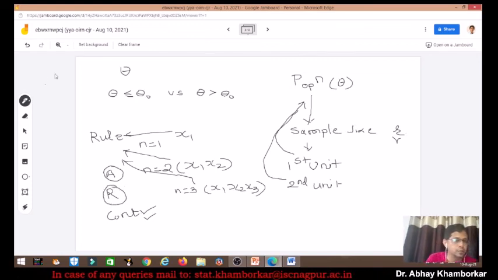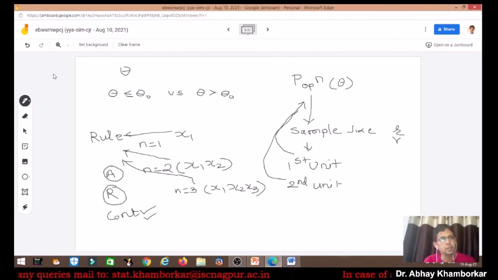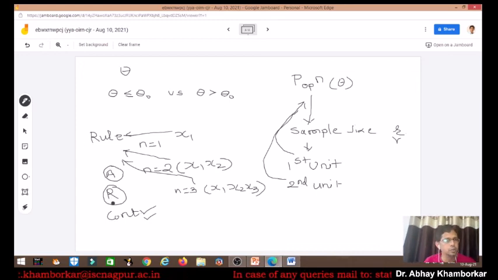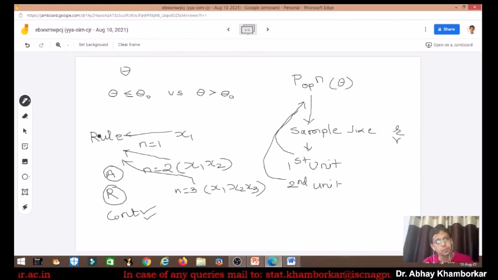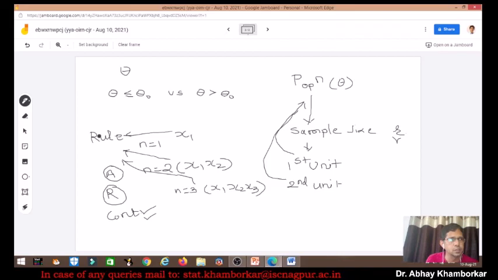So if someone asks you when sequential testing will terminate, sequential testing will terminate with the decision of accepting the hypothesis or with the rejection of the hypothesis. When one of these two decisions comes, only then will we terminate the sequential testing. Until then the sequential procedure and sequential testing will continue. So this is basically the brief introduction of the sequential testing.